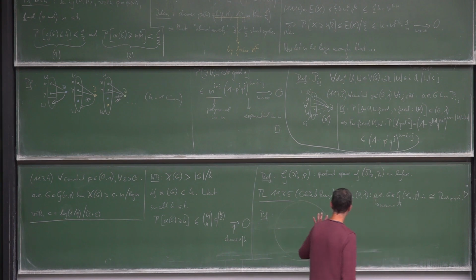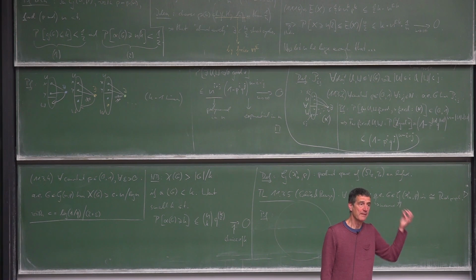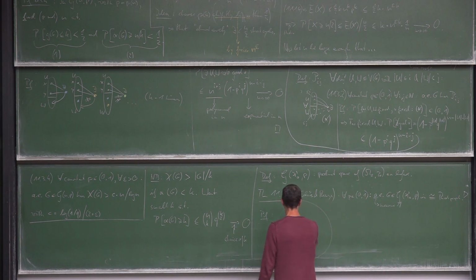So for a fixed UW, the probability that a particular little v is correctly joined is some number between 0 and 1.